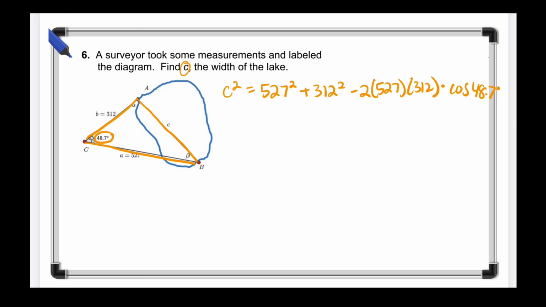If we want to solve for C, we can take the square root of both sides. You can put everything in your calculator exactly how you wrote it. And what you're going to see is that side C, or the width of your lake, is 397.5.